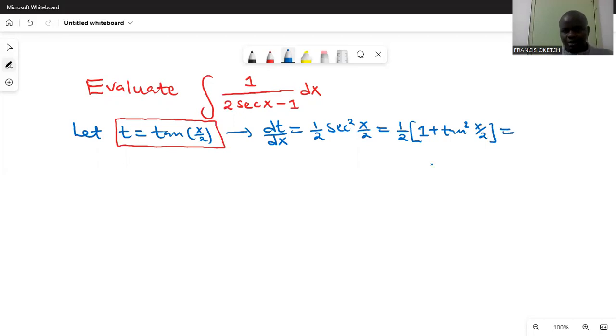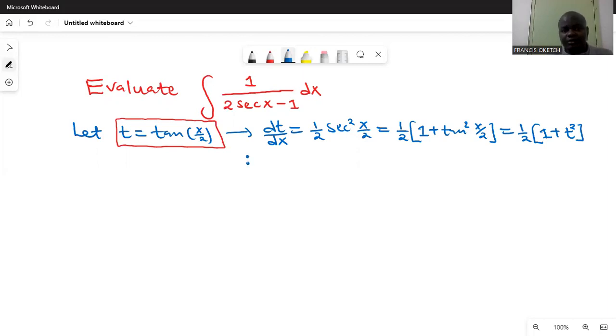And this can also be written as 1 over 2 1 plus t squared, because tan x over 2 is t. So tan x over 2 then we square, so that will give us t squared.